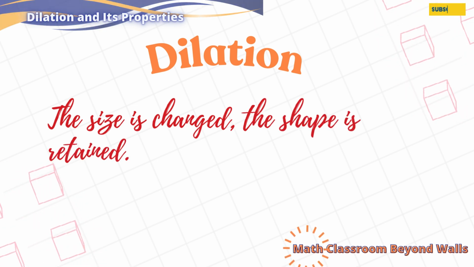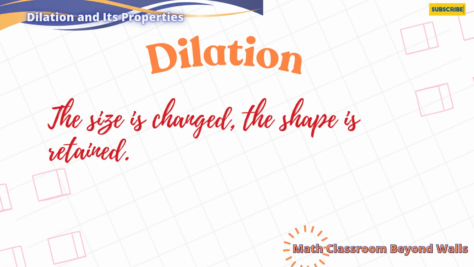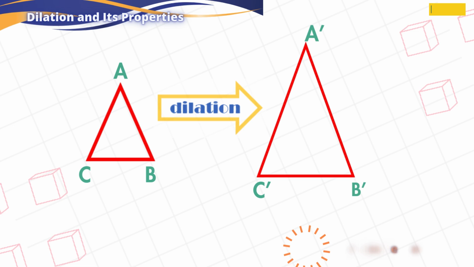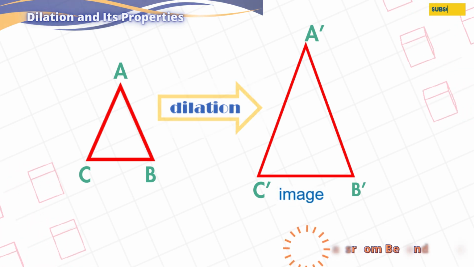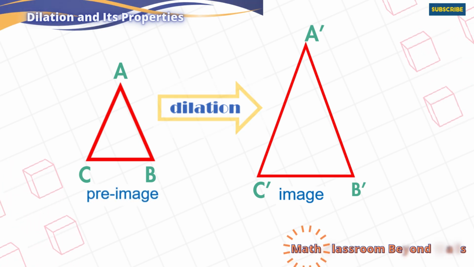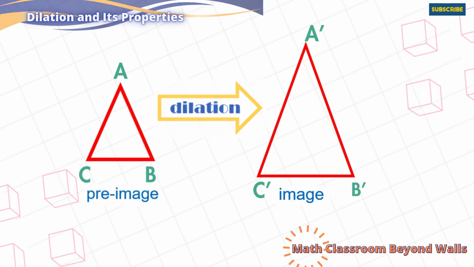A dilation can be illustrated in this way, where triangle A prime, B prime, C prime, the image, is larger than triangle ABC, the pre-image after a dilation, but the shape of the two are the same.